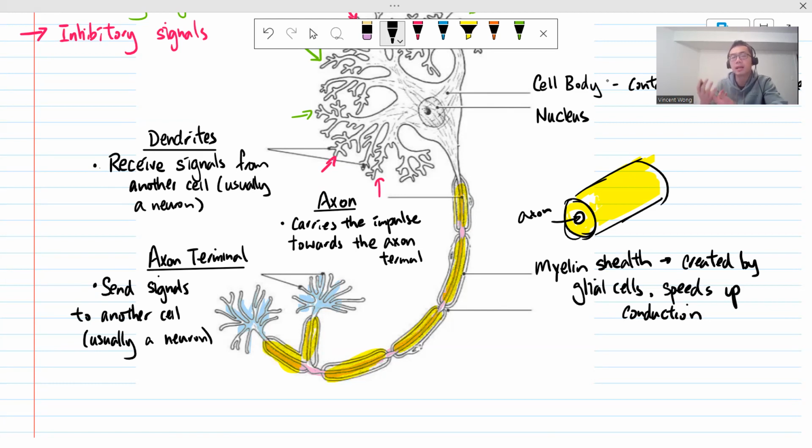Like the insulation that we put around copper wire, it allows the signal to not be lost along the way, and it allows it to go faster. But we do not wrap the entire axon. We have to have some gaps. There is a gap there, another gap here, another gap. These gaps are called nodes of Ranvier.